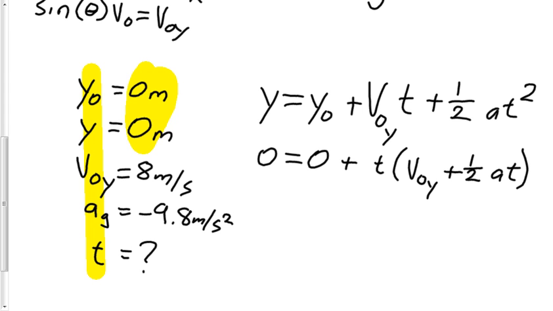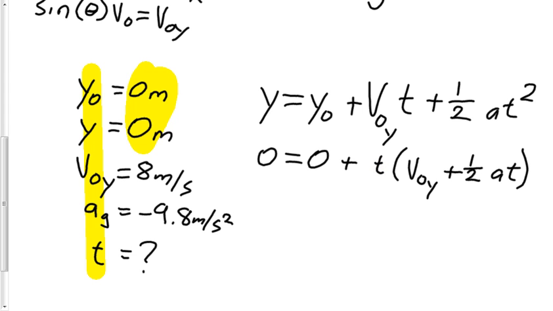I'll close my parentheses. And so in order for this statement to be true, either this t will equal 0, or this will equal 0. Either one of those two things equaling 0 will make that formula true.